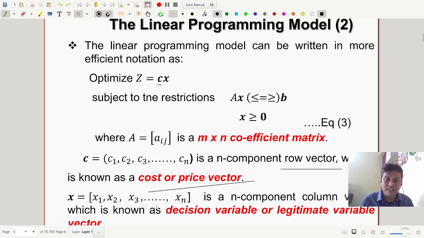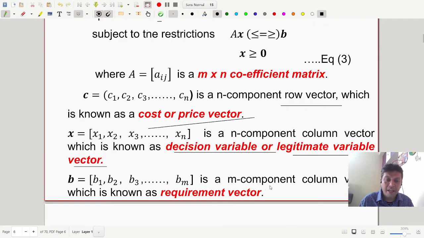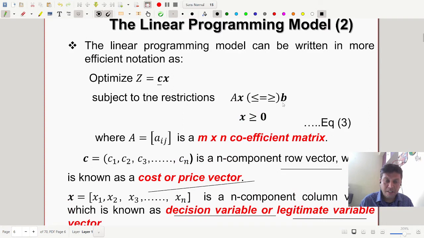And x is the decision variable, or you can say n component column vector, the decision variable vector. And b is the m component column vector, which is known as the requirement vector. This b is the requirement vector.